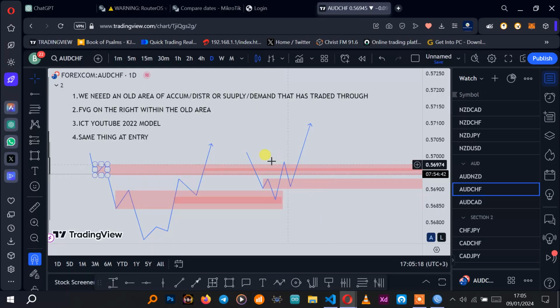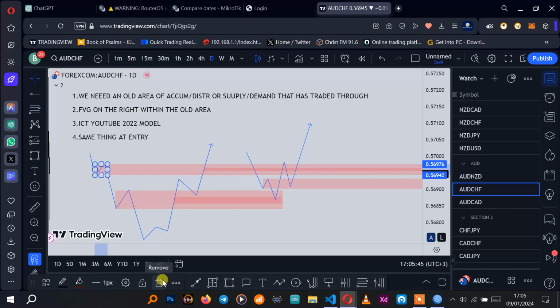It is inside, so you go to the immediate one. Don't go down to lower time frames to further refine it. The moment you see an FVG within an old area, you spot it out and highlight it. Now the next thing you have to do is go on a lower time frame and watch the price action, how it behaves when it's in that area.